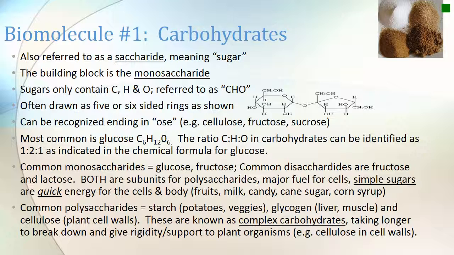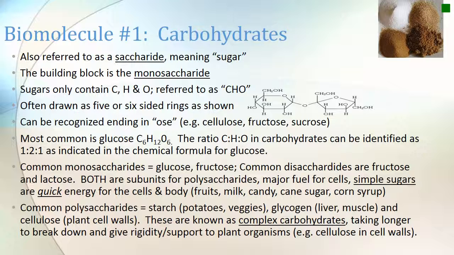And these more complex carbohydrates, polysaccharides, that's what I'm talking about, they take longer to break down because they are more complex in structure. There are more rings connected together than just two. They are sometimes 3, 4, 5, and many rings strung together, covalently bonded, and that's why they take longer to break down.